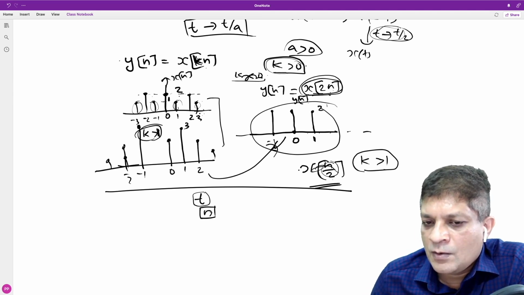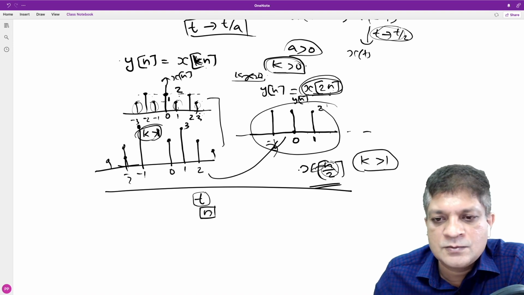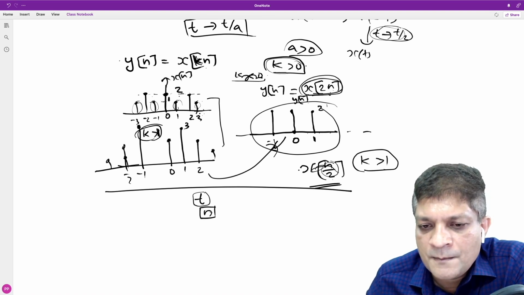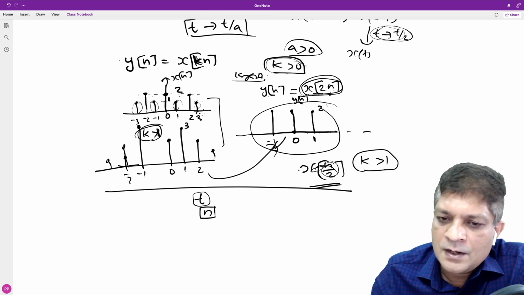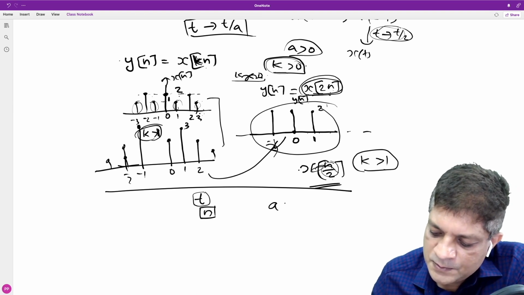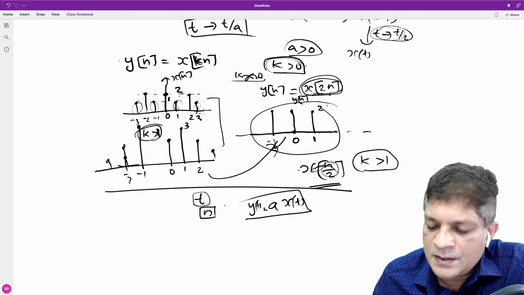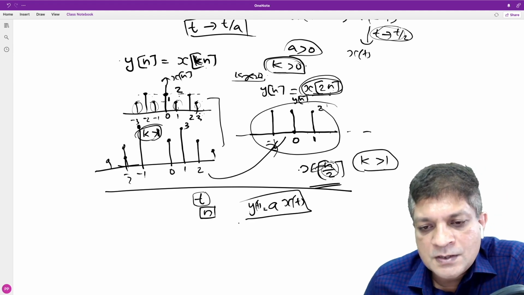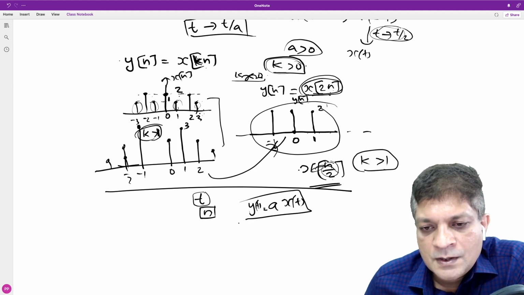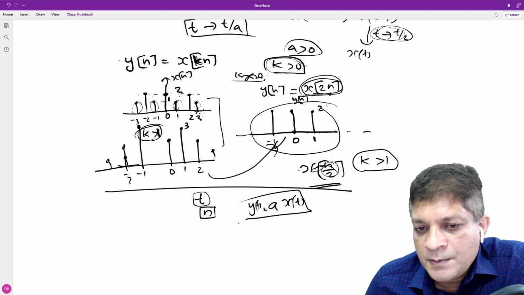There are operations that transform the dependent variable as well, for example, amplitude scaling, y(t) equal to a times x(t). That is amplification.